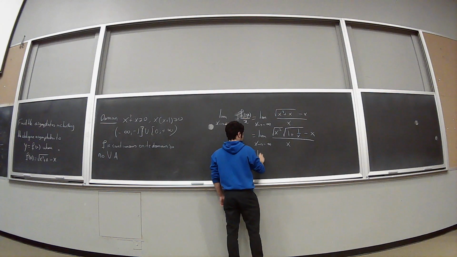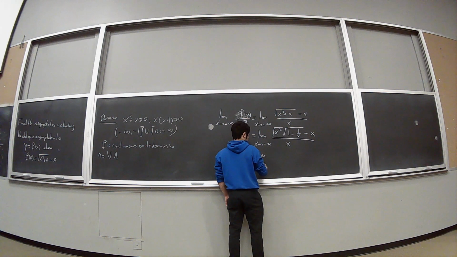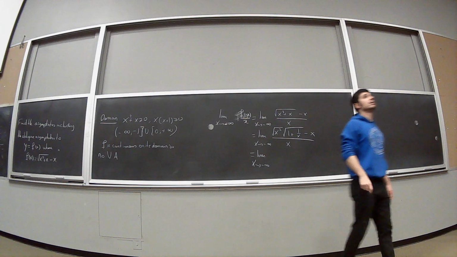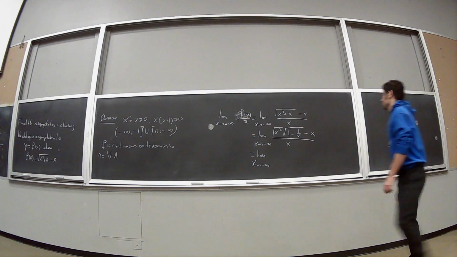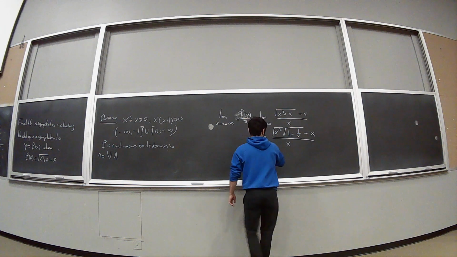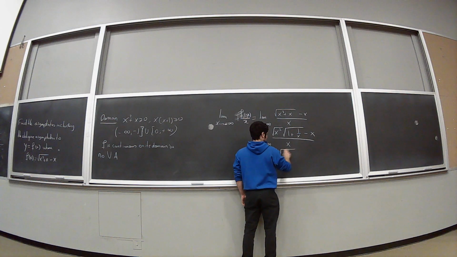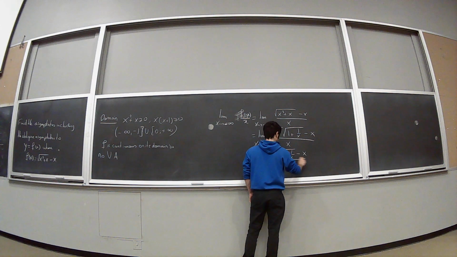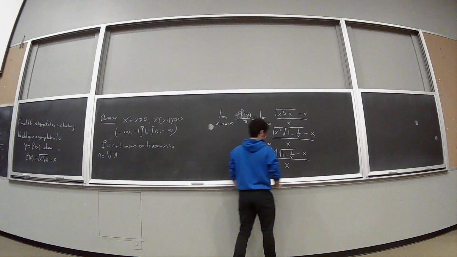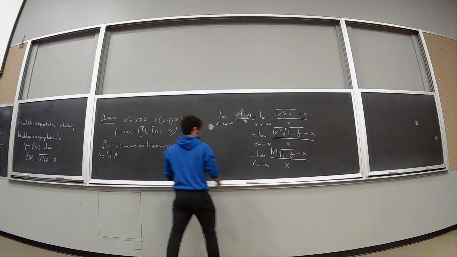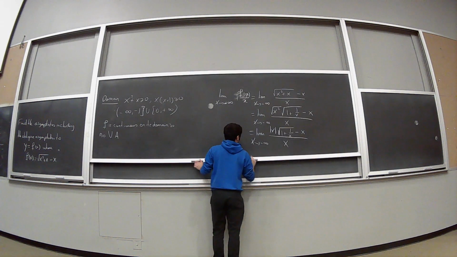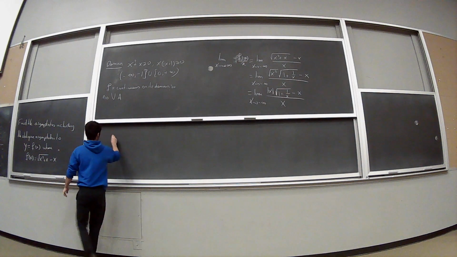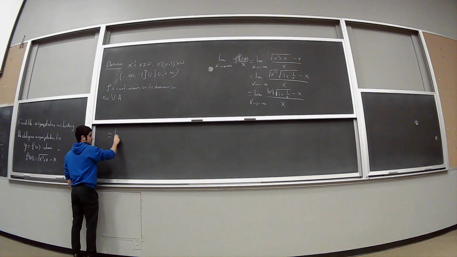Now, what is the square root of x squared in general? It's the absolute value of x. So this is the absolute value of x over x. Since x is negative, the absolute value of x is minus x.